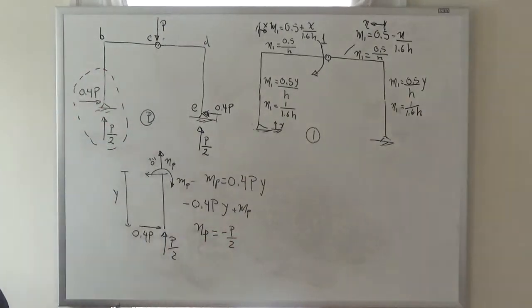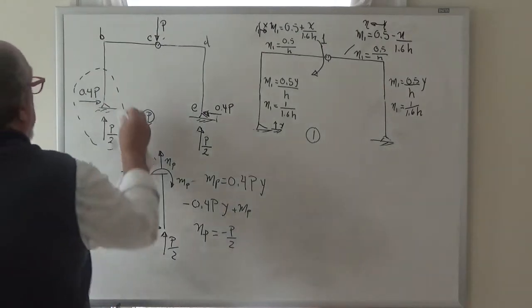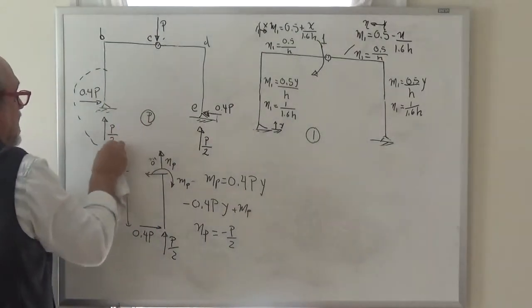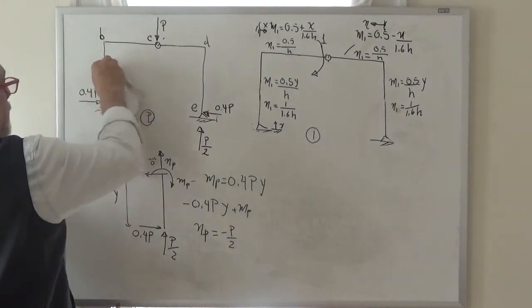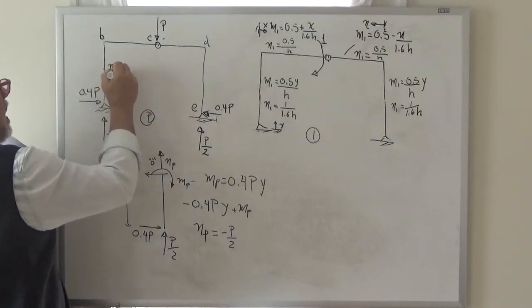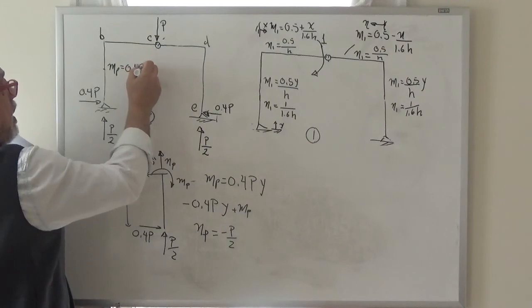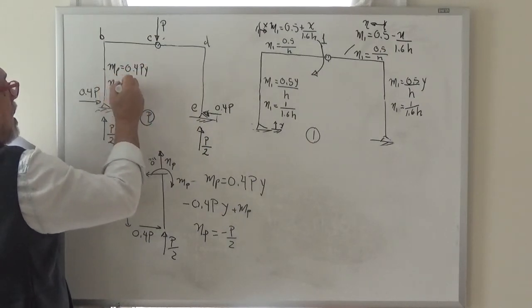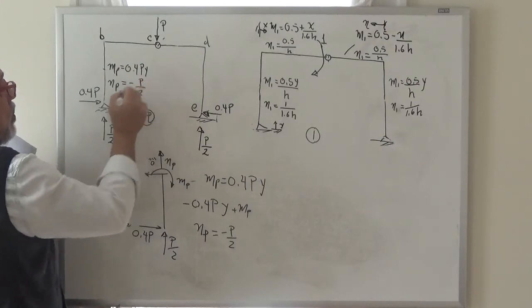And so we finish what we need to do with that bar. So I can erase this and transcribe the result to this bar as MP equals 0.4 PY, and NP equals minus P over 2.